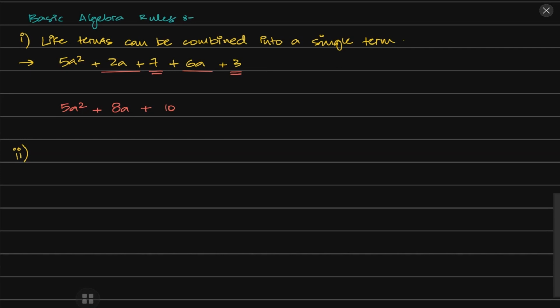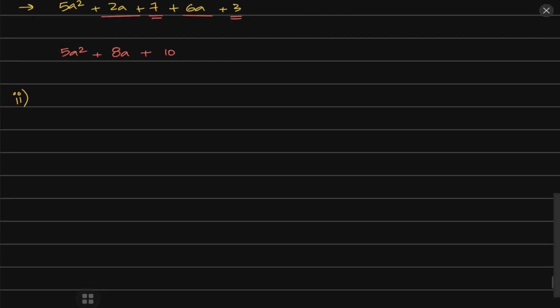Next up, whenever we're multiplying or dividing, the coefficients and the variables are basically multiplied or divided. What do I mean by that? Let's suppose I've got 10 times 4a times 2a over 2. In this case, the coefficients are multiplied together, so this 4 will be multiplied with 2, and this 10 will be multiplied with 4, and I'll get 80 over 2 in terms of the coefficient.